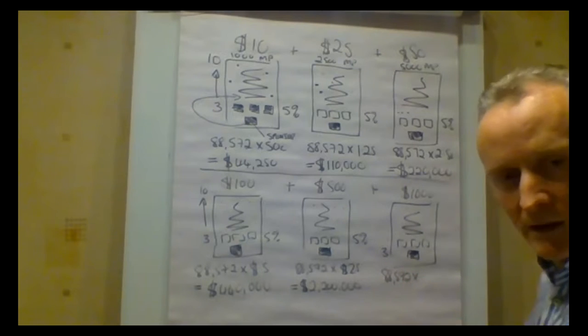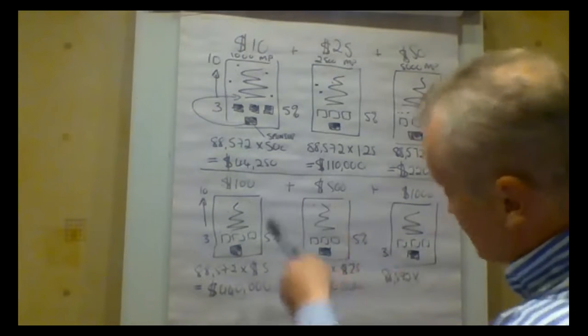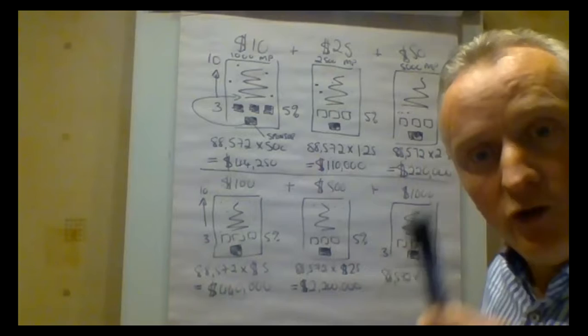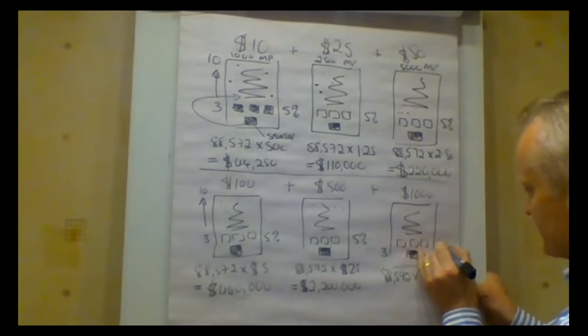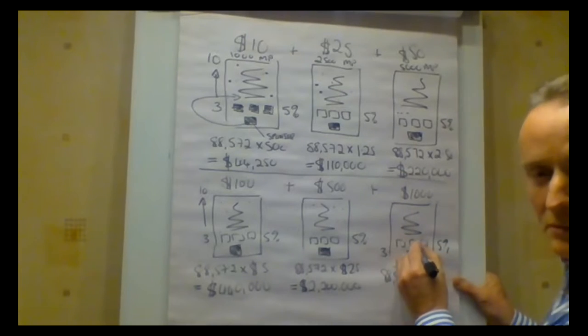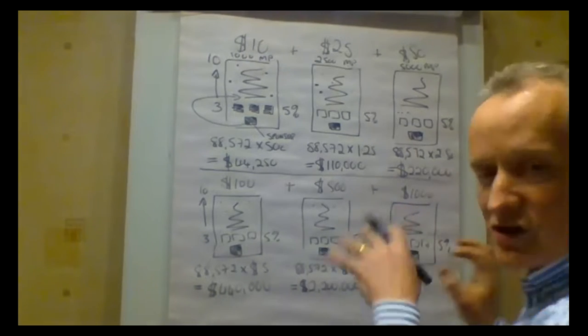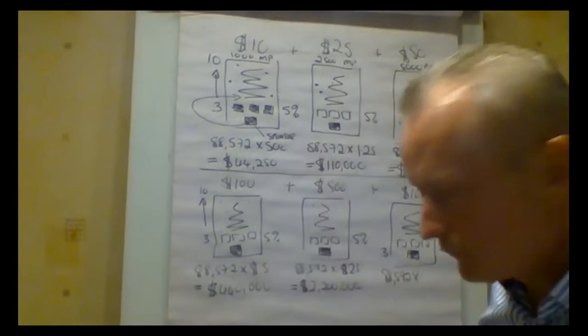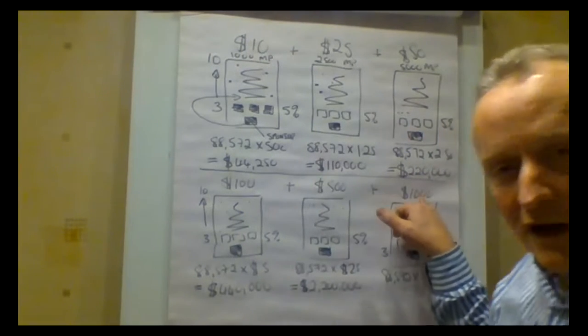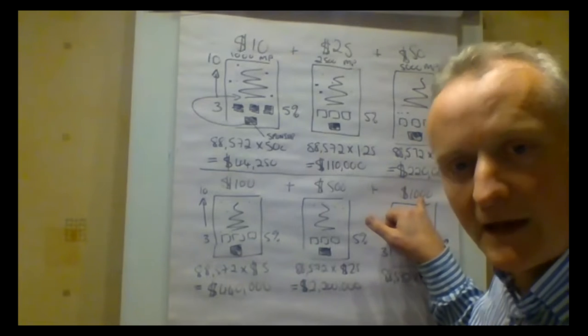88,572 customers. You also know, because we've done this 5 times before, you're getting 5% of every $1,000 spent. So 5% on this customer, on this customer, on this customer, on every single customer, regardless of who places them in here, you're getting 5% reward. 5% of $1,000 is $50.